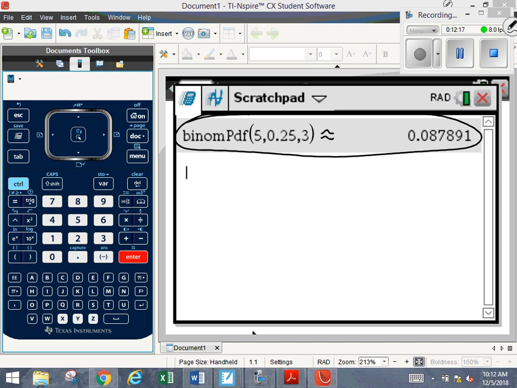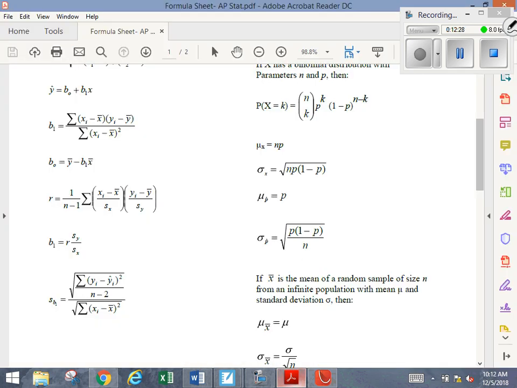This example is using the formula. You do have to understand what goes in that formula, and that formula is right there. Probability x equals 3, n is 5, k is 3, p is 0.25.